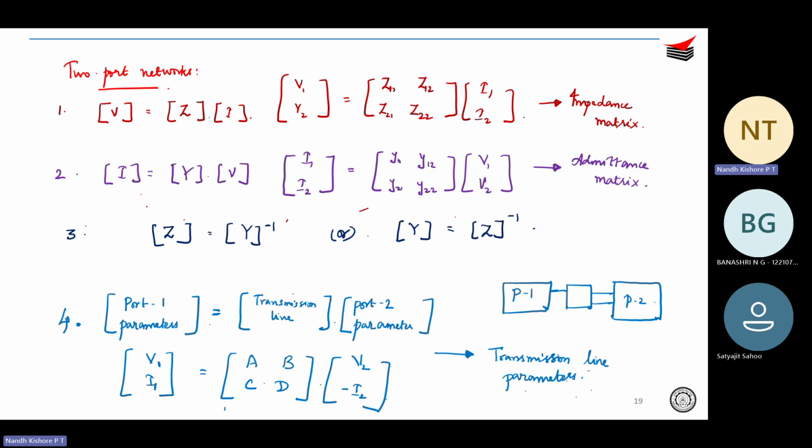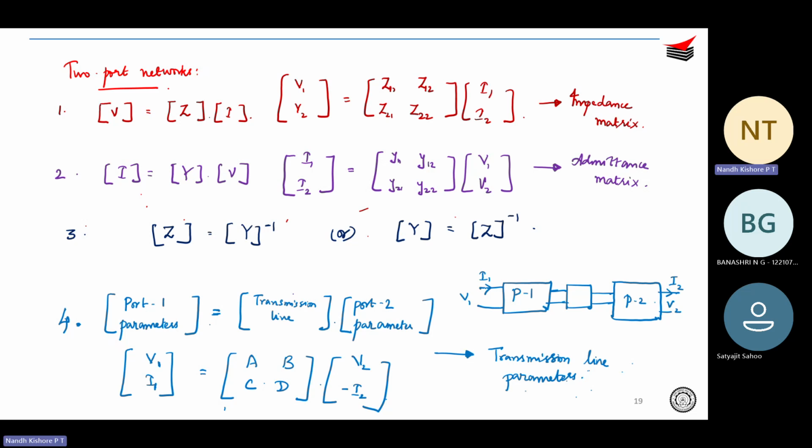So this is V1, this is I1, and this is V2 and this is I2.